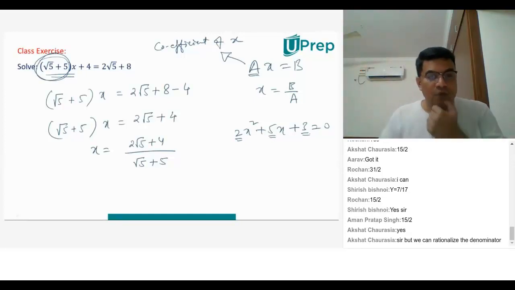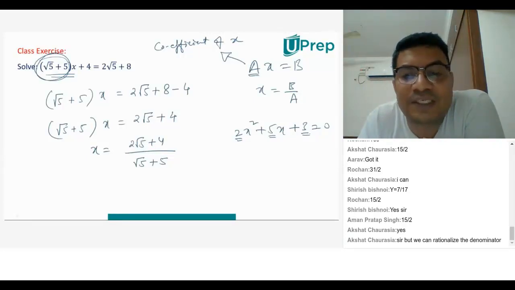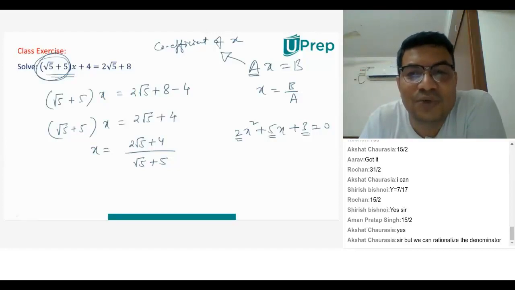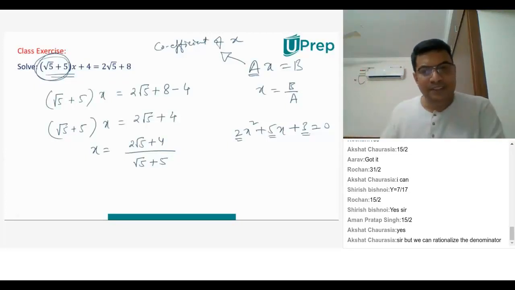Yeah. So good question. Akshat, you're right. You can rationalize, but the question is, no one asked you to rationalize and get to some answer. It depends on the question. If your question requires an answer to be rationalized and simplified, if you want to do that, you can do it. But for the standard you are in now, we are trying to learn what is the value of x. This is the value of x.